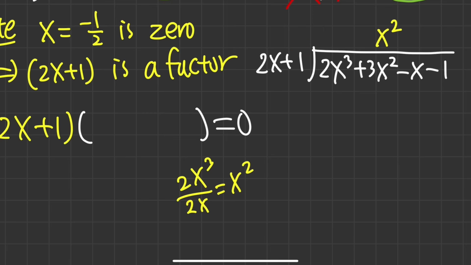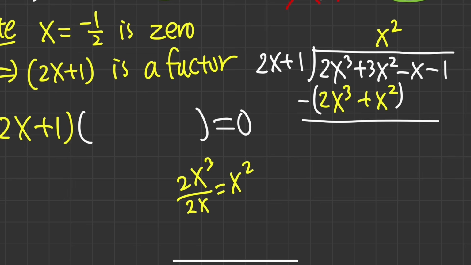So we will get 2x to the third power, and x squared times 1 is plus x squared. And for long division, you are going to subtract. The first term should be cancelled. They are. And the next one is 3x squared minus x squared. 3 minus 1 is 2, and then you have the x squared.